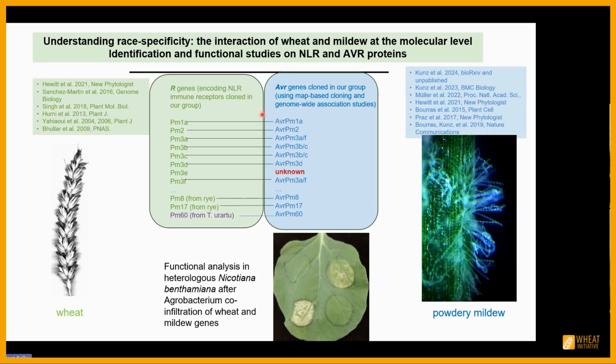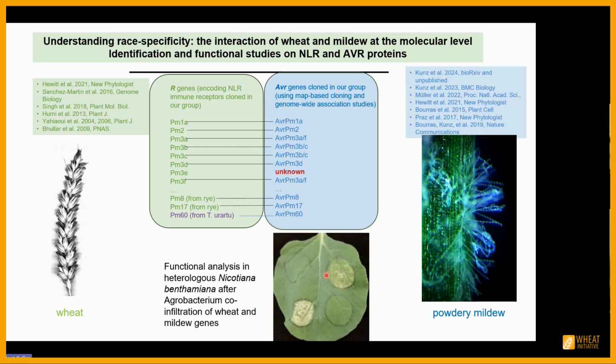I want to describe now a little more what we have learned on this specific interaction, both for the wheat genes, but I will also describe work on the two Pm8 and Pm17 resistance genes derived from rye. These were introgressed on chromosome segments into the wheat genome. We study these interactions mostly at the functional level in the Nicotiana benthamiana system.